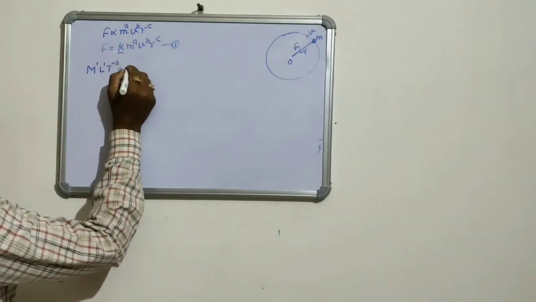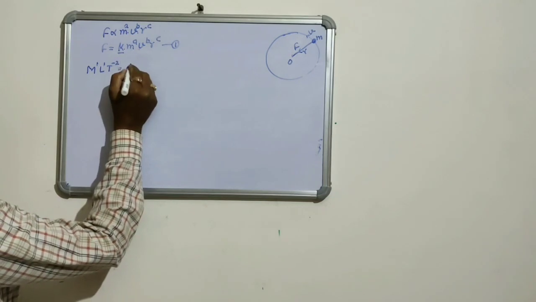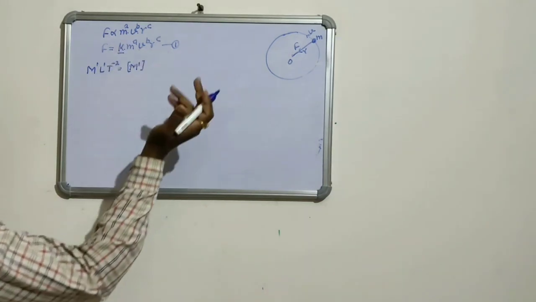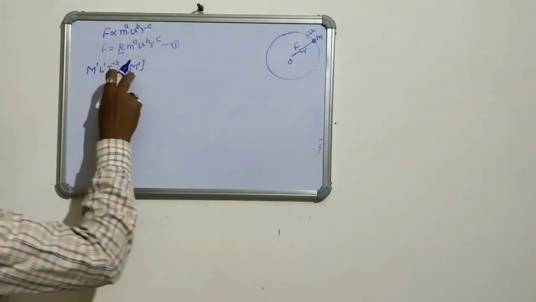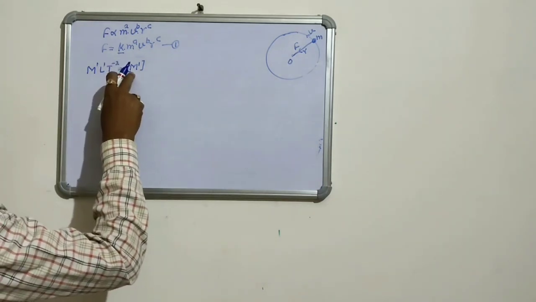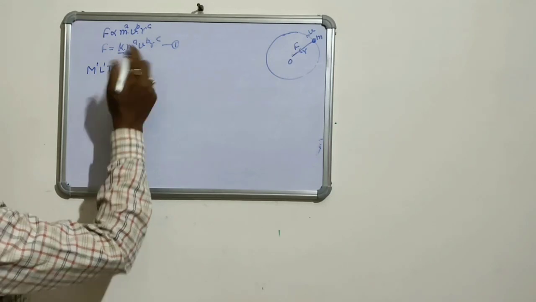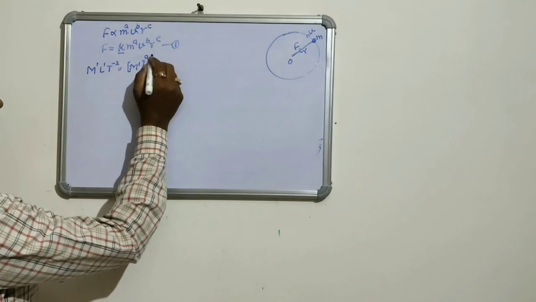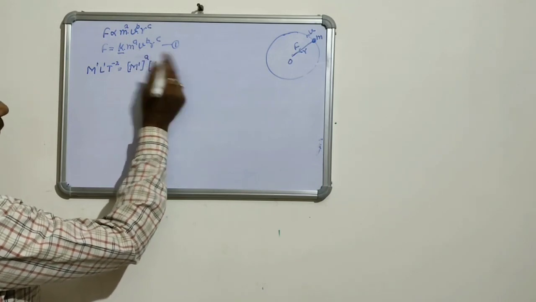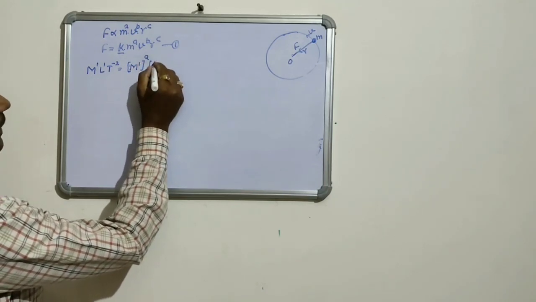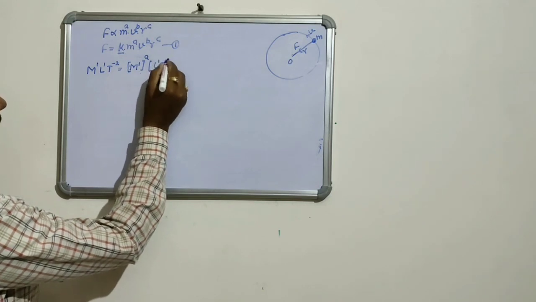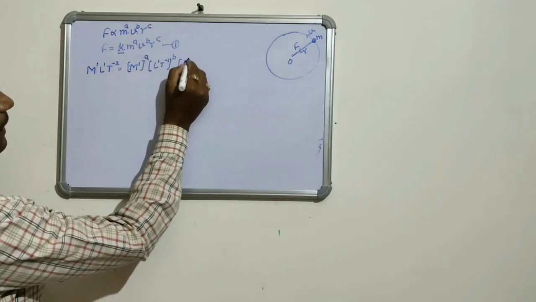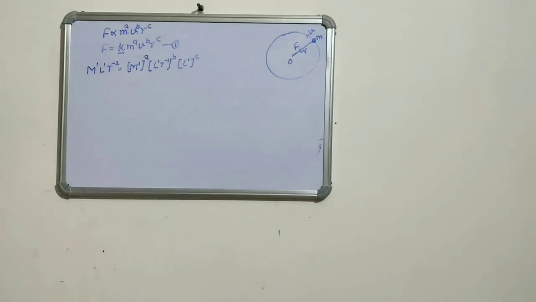The dimensional formula of mass is M1 L0 T0, and L0 T0 equals 1, so I can write just M to the power a. The dimensional formula of velocity is M0 L1 T^-1, to the power b, and R is a length, so L1 to the power c.